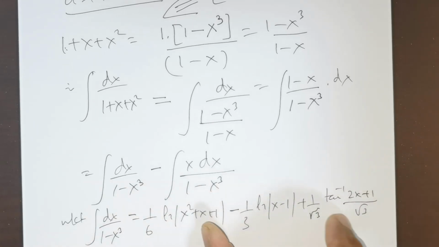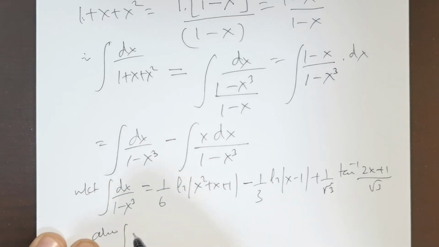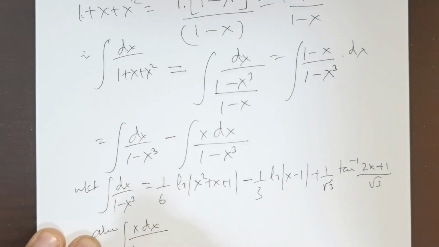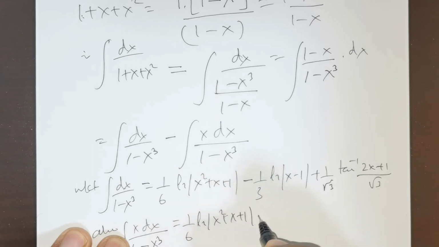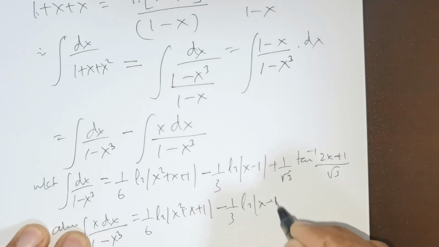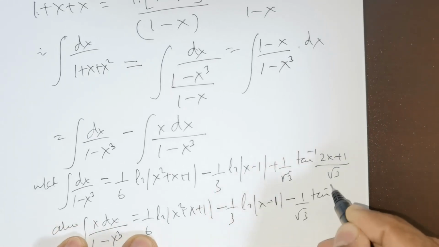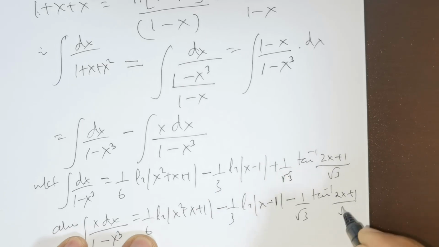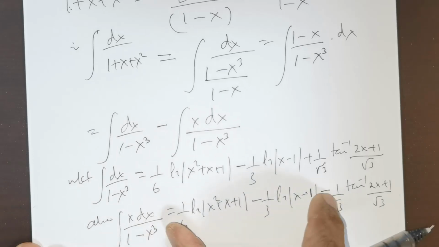This is the value that we got for this, and also we have obtained a value for x dx over 1 − x cubed. And what is that value? It's 1 over 6 ln modulus x squared + x + 1, minus 1 over 3 ln modulus x − 1, and then negative 1 over root 3 tan inverse of (2x + 1) divided by root 3. So we will take in this value, place it here, take in this value, place it here.